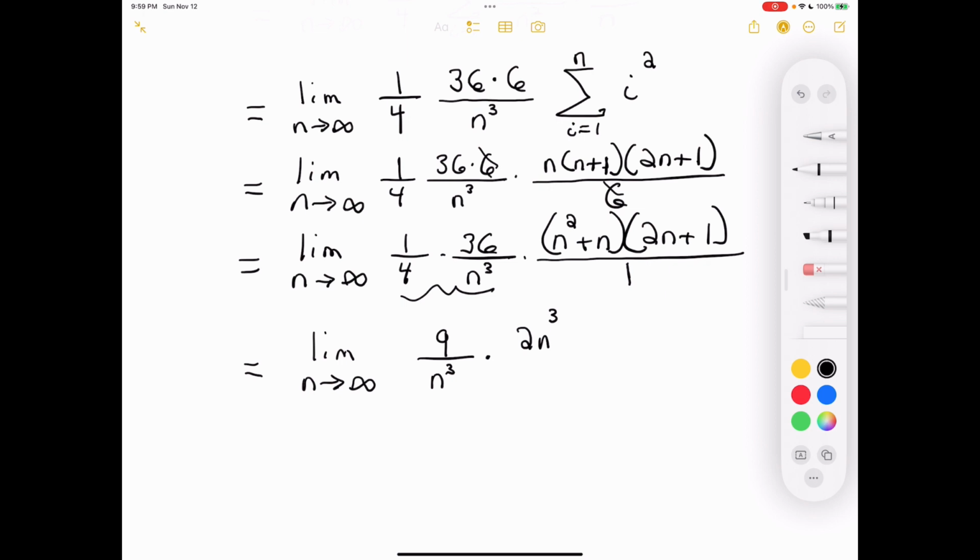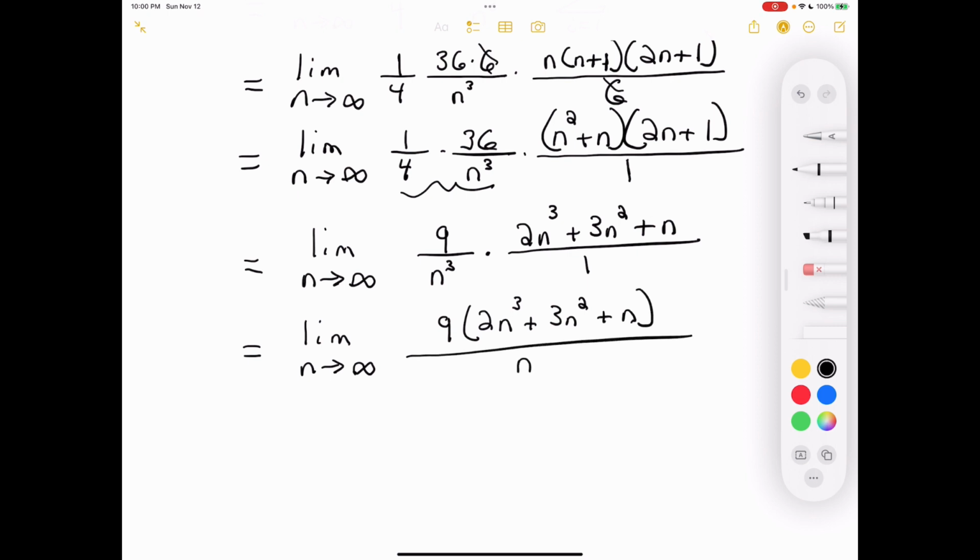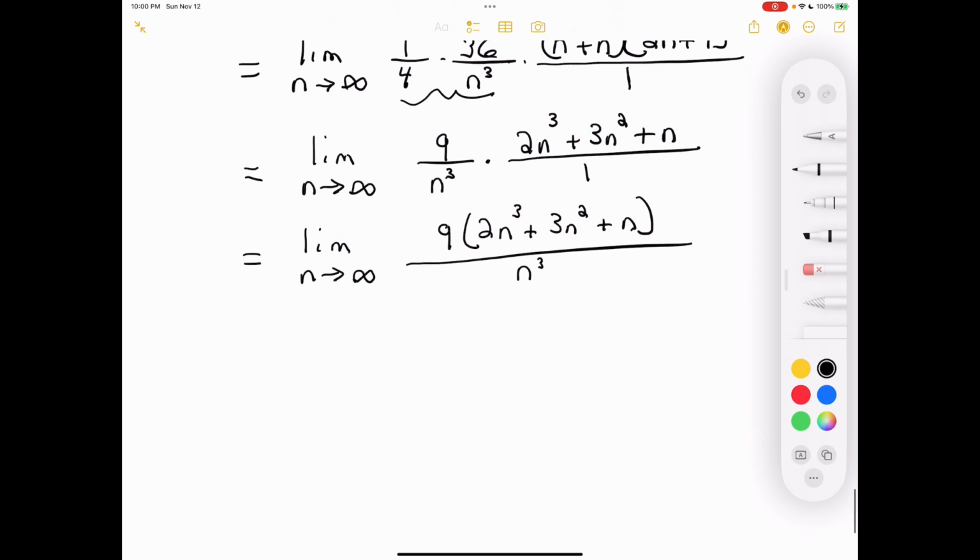Plus n squared plus 2n squared, so plus 3n squared plus n all over 1. Combine our fractions there.